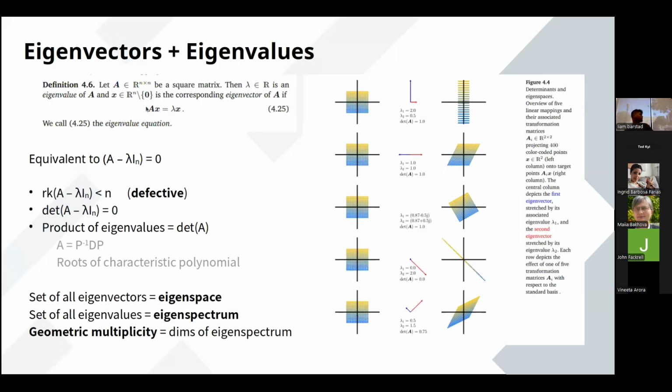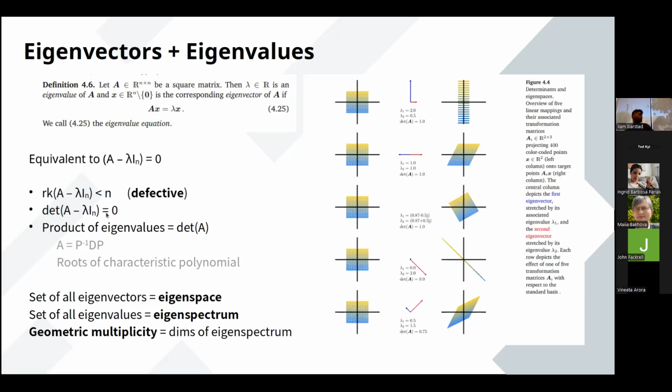This is also equivalent to the solution set of A minus the eigenvalue times the identity matrix equals 0. And as you know, talking about earlier, the determinant of this equals 0.